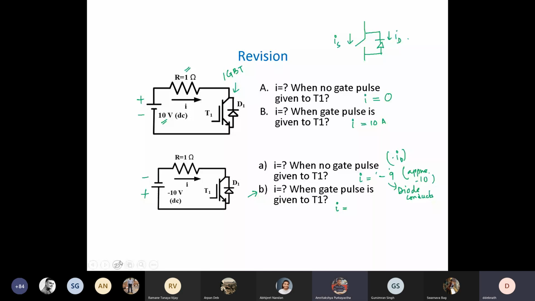It's not a MOSFET, right? So it cannot conduct current in the negative direction. So current has to flow through the diode. Exactly. So basically, the diode will conduct. So even if you give a gate pulse, the IGBT part is not going to conduct, correct? Because it is reverse biased. This you have to understand.